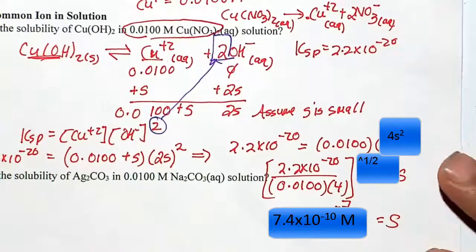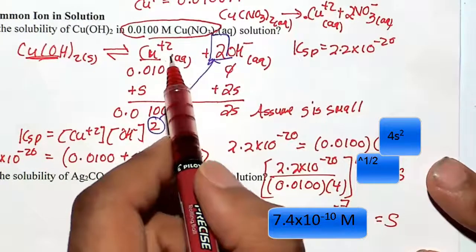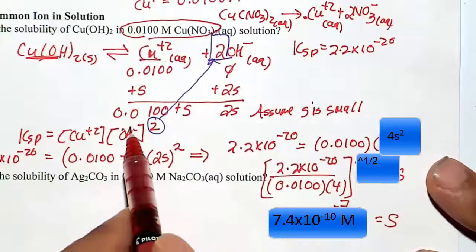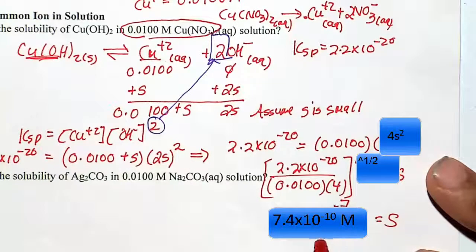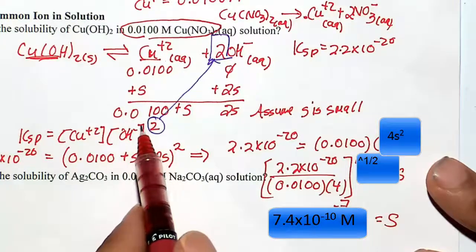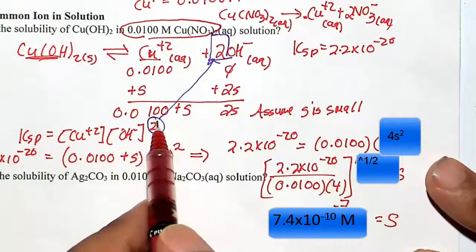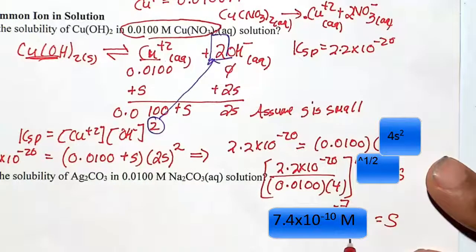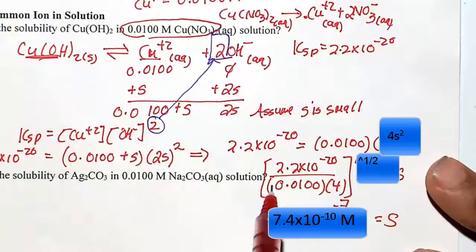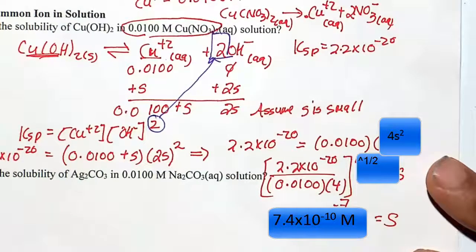So the solubility of copper hydroxide in the presence of copper nitrate is going to be 0.0100 plus 7.4 times 10 to the minus 10. It's essentially going to be 0.0100, right? Take 0.0100 plus something that's 10 to the minus 7. It's still going to be 0.0100. My solubility of hydroxide ion in copper hydroxide is going to be 2 times 7.4 times 10 to the minus 10. So whatever 2 times that's going to be.